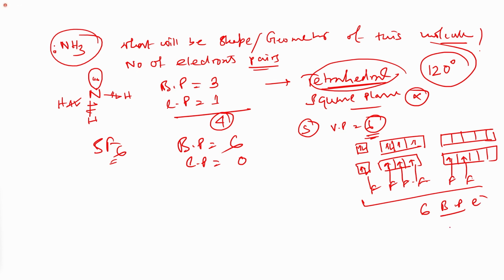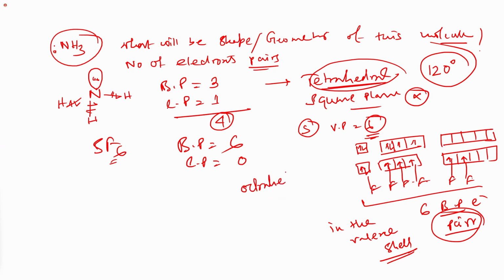So when it is 6 bonded electron pairs in the valence shell, 6 means it will give the octahedral structure.